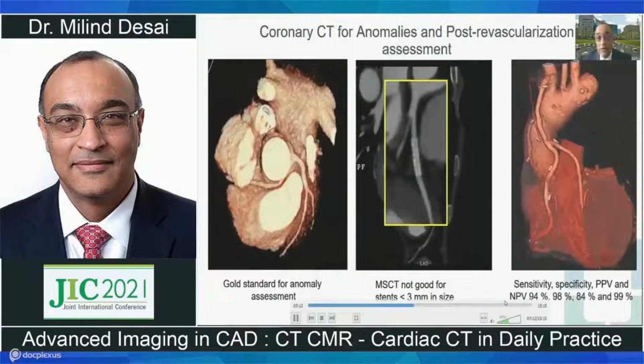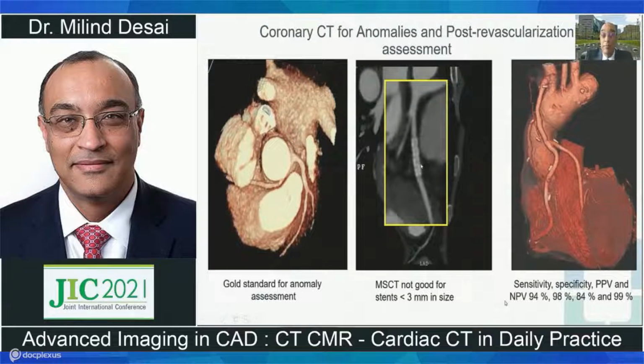CT angiography remains the gold standard for assessment of coronary anomalies. Not only can it identify where the anomaly arises, but also what the course is and whether or not the surrounding structures are compressing the coronary.